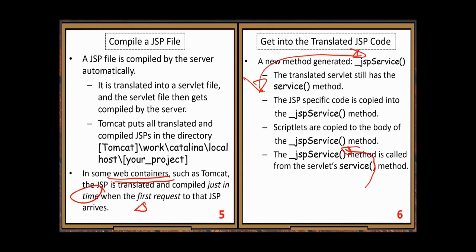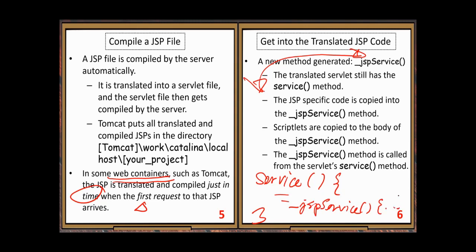So now you know the relationship between these two methods. The service method is outside. Inside it, there is this underscore JSP service method. It's a nested structure, so not in parallel, but nested, one inside the other.